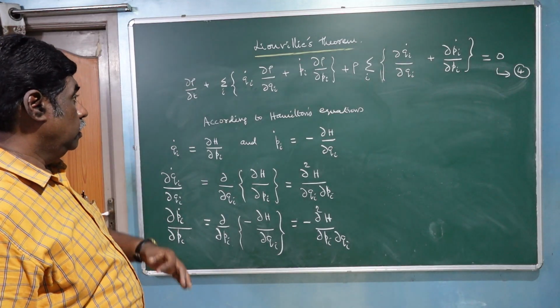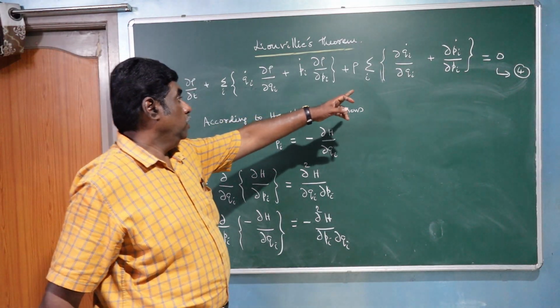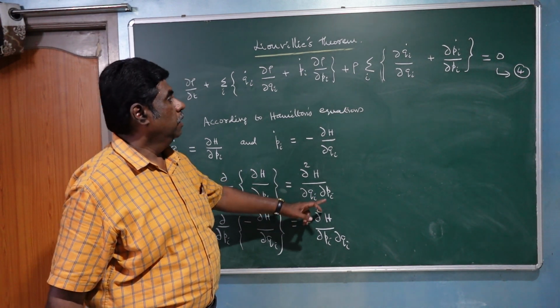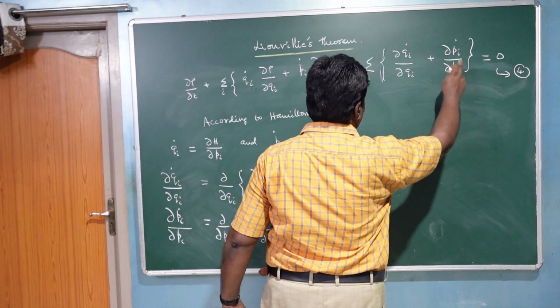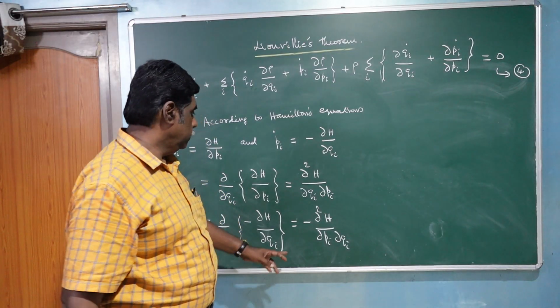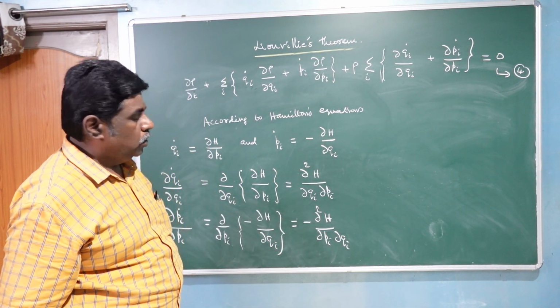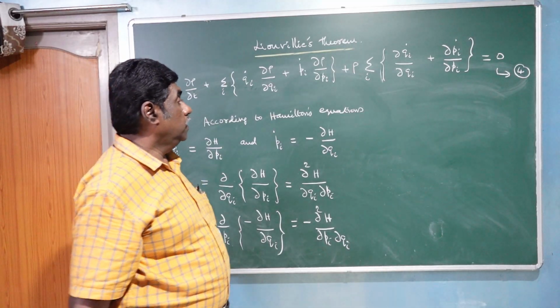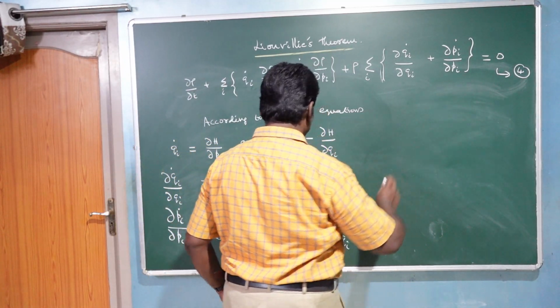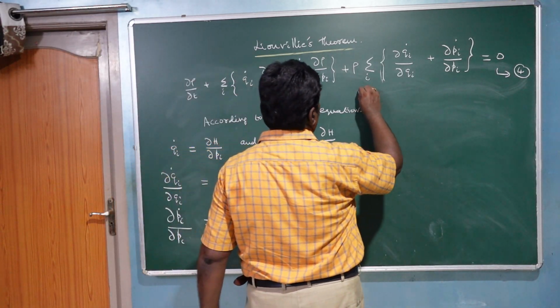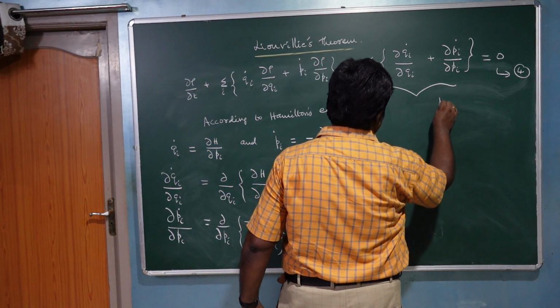See here, dou qi dot by dou qi is dou square H divided by dou qi dou pi, whereas the value of dou pi dot by dou pi is minus of dou square H divided by dou pi dou qi. If you substitute these two values, the third term of equation 4 is vanished.